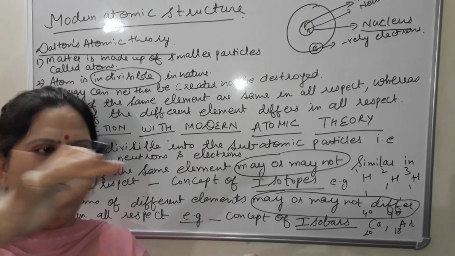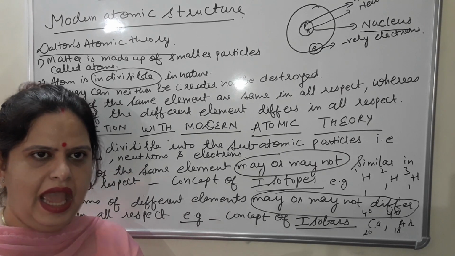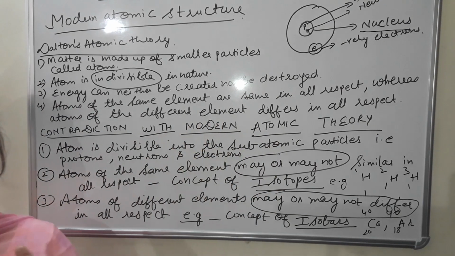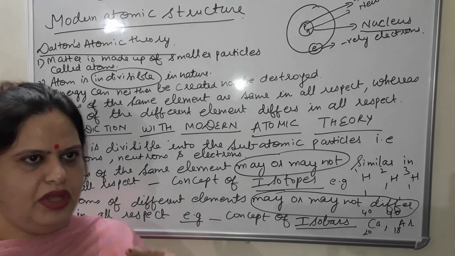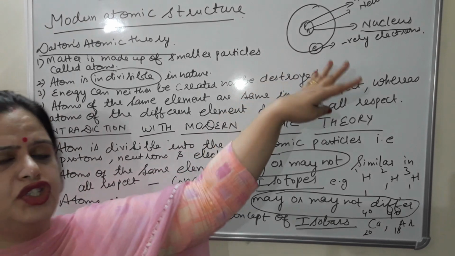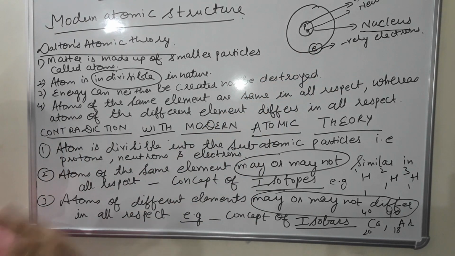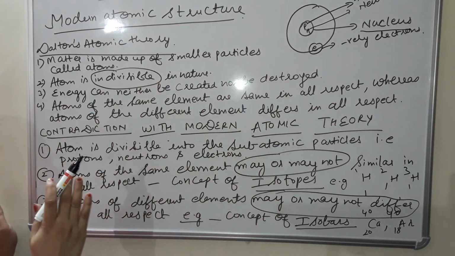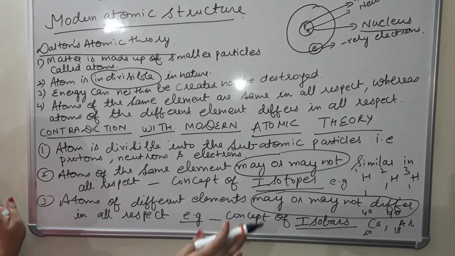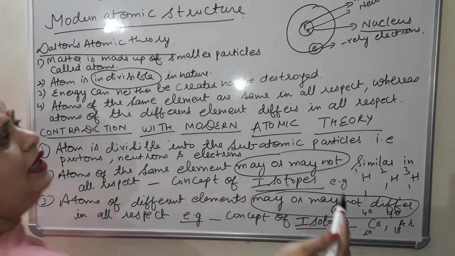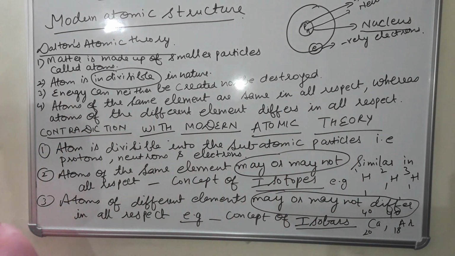Like inside the house some people are living, and outside the house there is a boundary in which a guard is there. So you can compare this structure with that of the house, as I have already given you the example. Before discussing Dalton's atomic theory and modern atomic theory, first of all I would like to discuss the structure of the atom, the modern atomic structure that I am talking about.